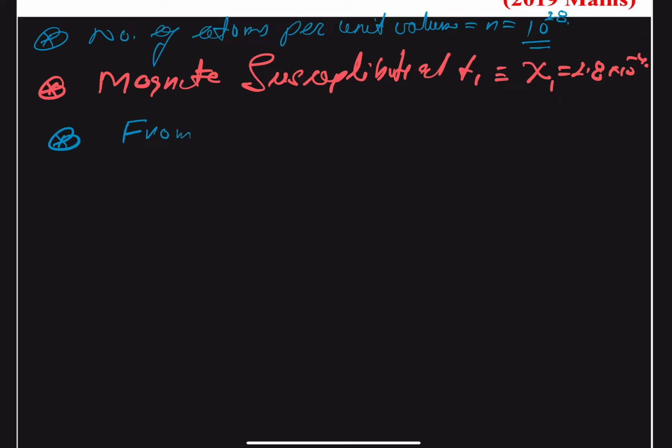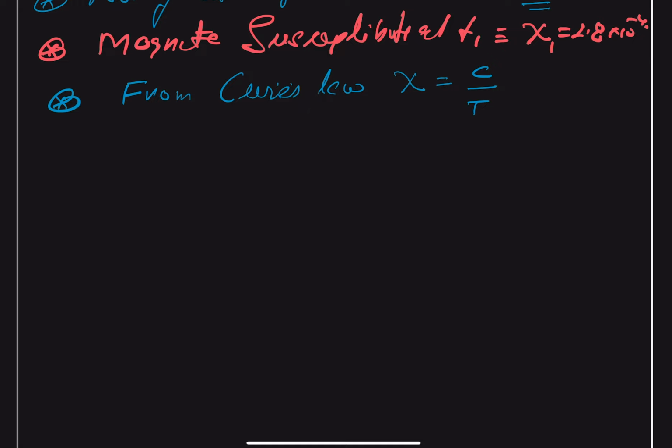From Curie's law, we know that susceptibility is equal to C upon T, where C is called Curie's constant.